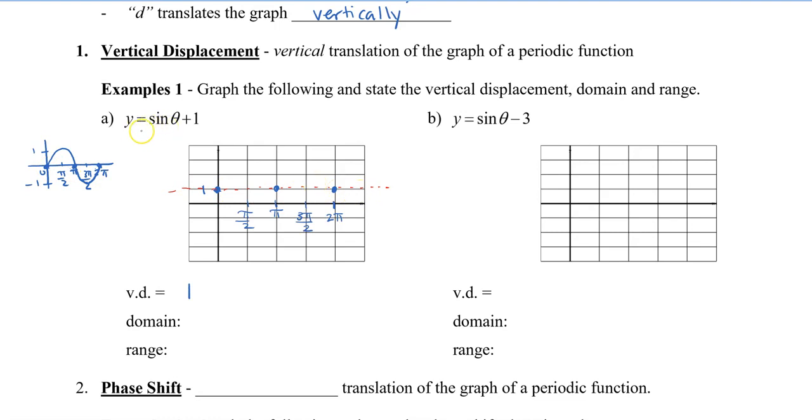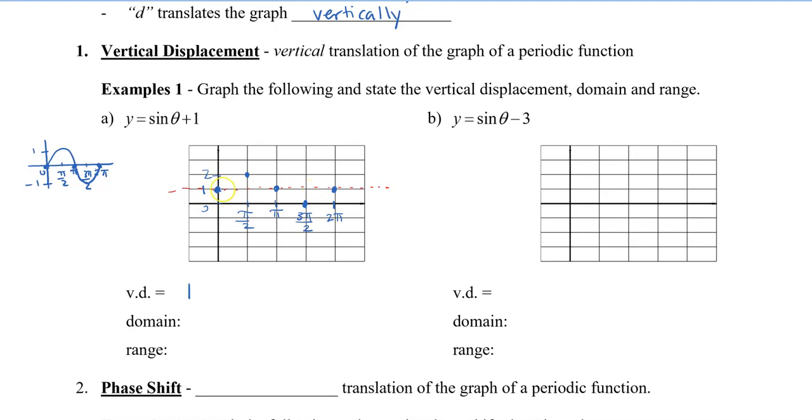Now, since there is no amplitude, we haven't introduced that here, we're going to have an amplitude of 1 from the central axis. So this will be up at the top, and then at 3 pi over 2, it is now here at 0. So therefore, we know that the whole graph is shifted up by 1, and that's why now the top value is now at 2, and then the minimum value is now at 0.